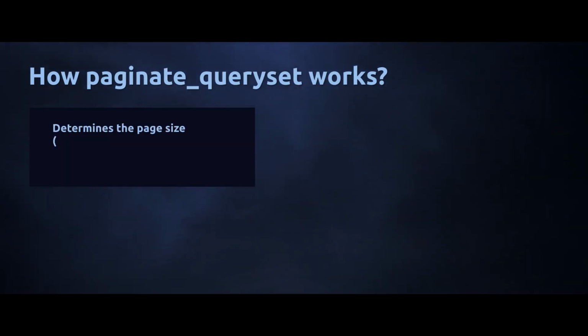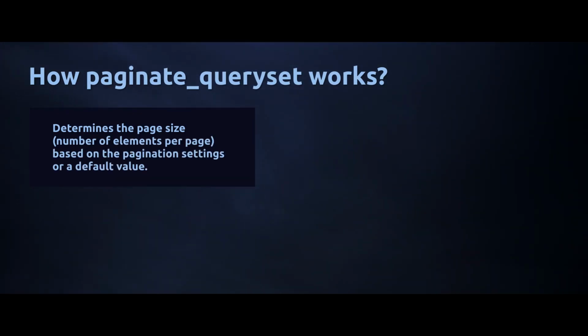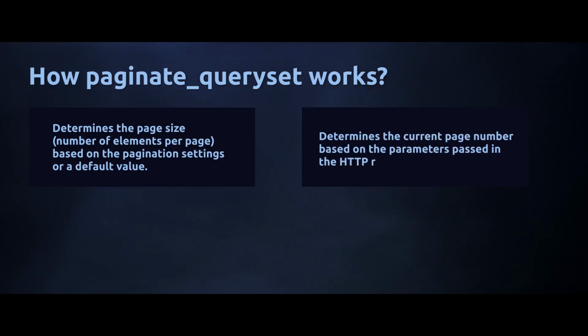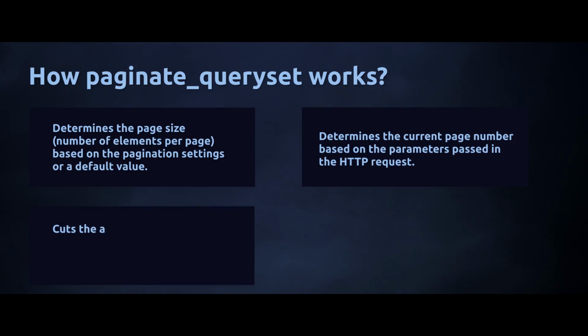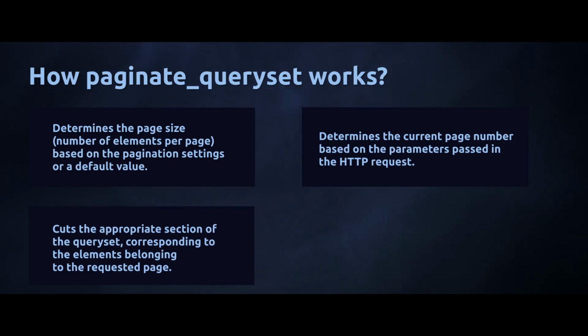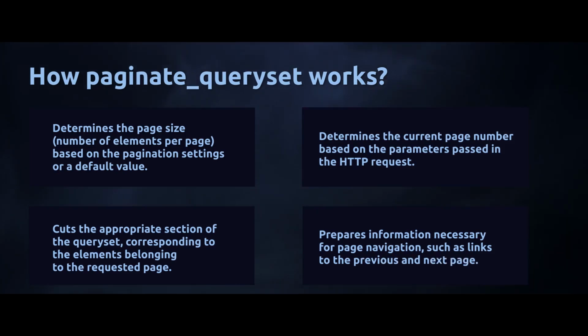The PaginateQuerySet method deals with splitting the entire data set, query set, into smaller chunks, pages, based on the parameters passed in. Here are the main tasks it performs. Determines the page size, number of elements per page, based on the pagination settings or a default value. Determines the current page number based on the parameters passed in the HTTP request, cuts the appropriate section of the query set, corresponding to the elements belonging to the requested page, prepares information necessary for page navigation, such as links to the previous and next page.